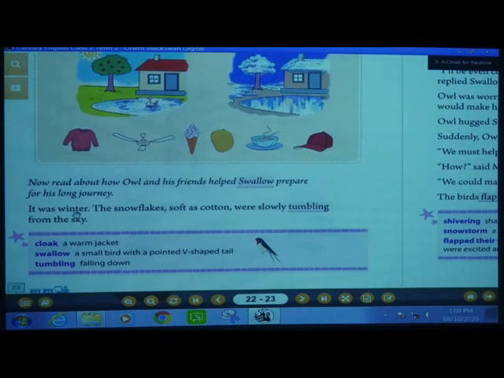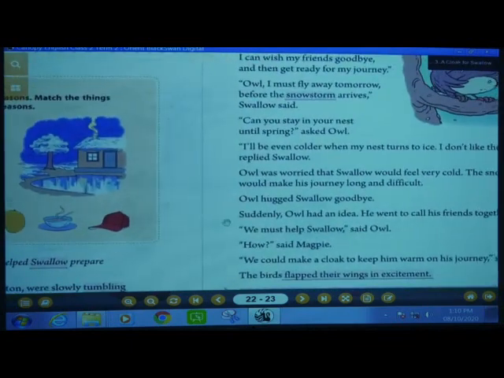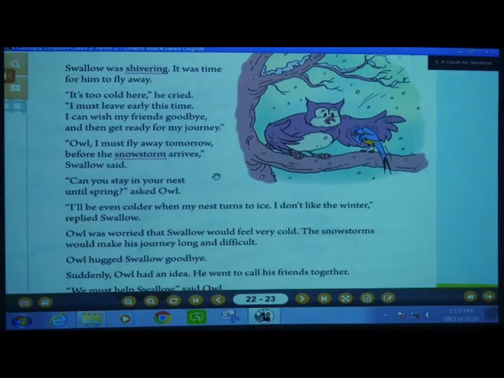It was winter. The snowflakes, soft as cotton, were slowly tumbling from the sky. Swallow was shivering. It was time for him to fly away.